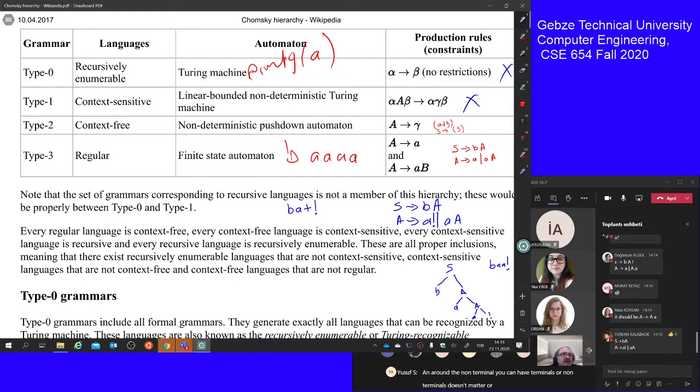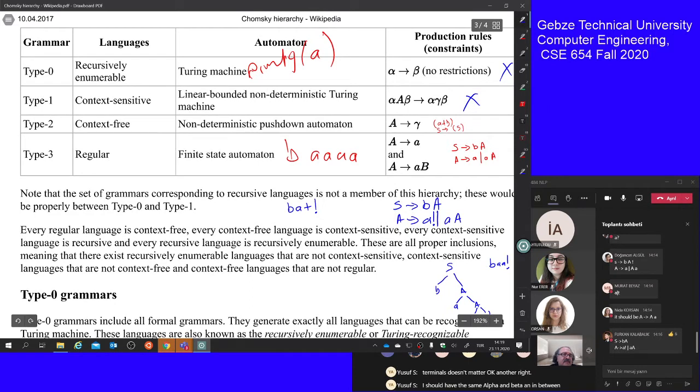And on the right I should have the same alpha and beta, and in between you can put anything like that. So can you guys tell me, why do I call this context-sensitive and why do I call this context-free?